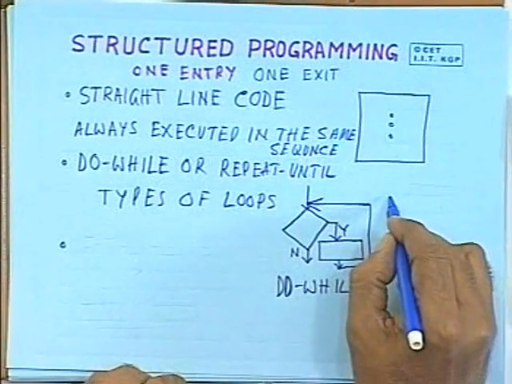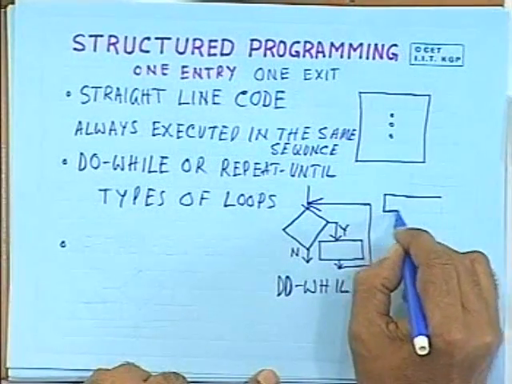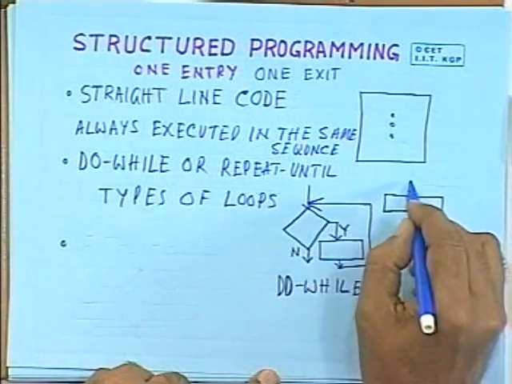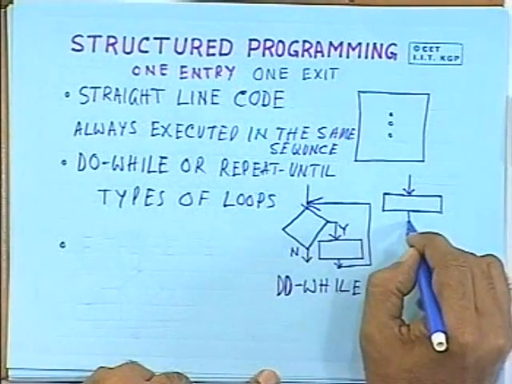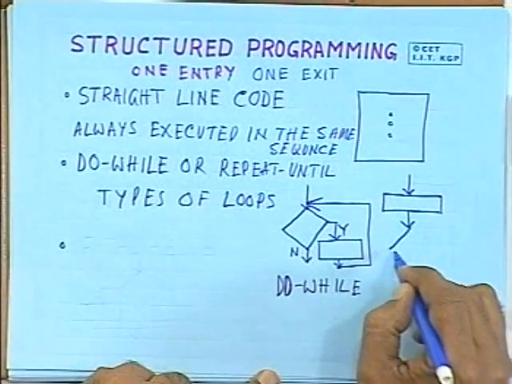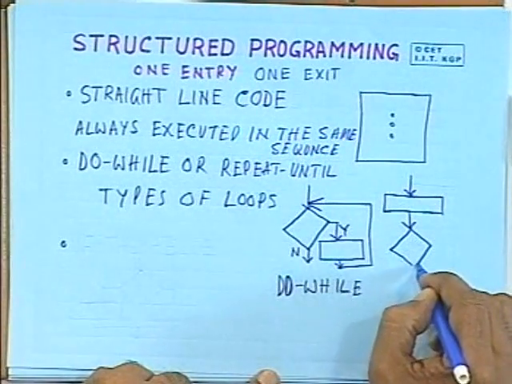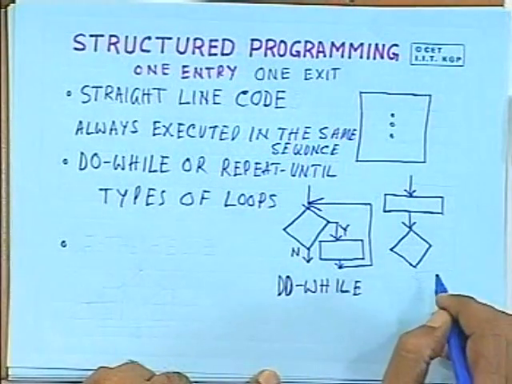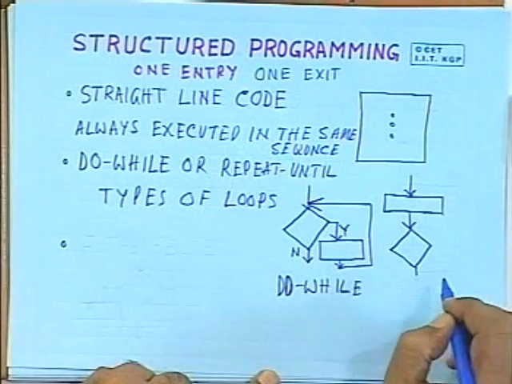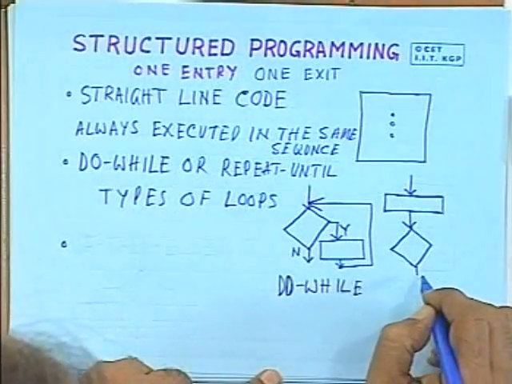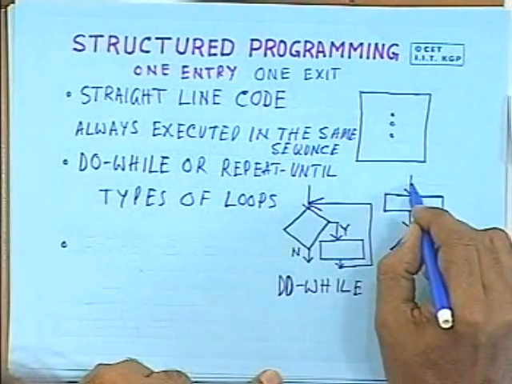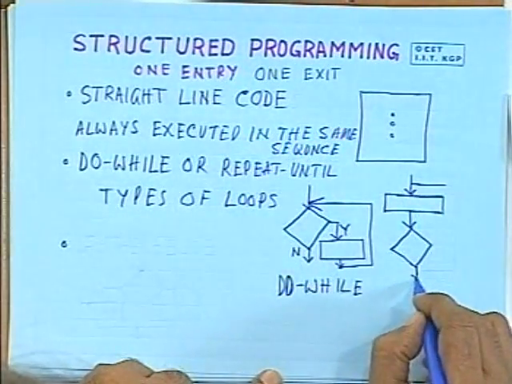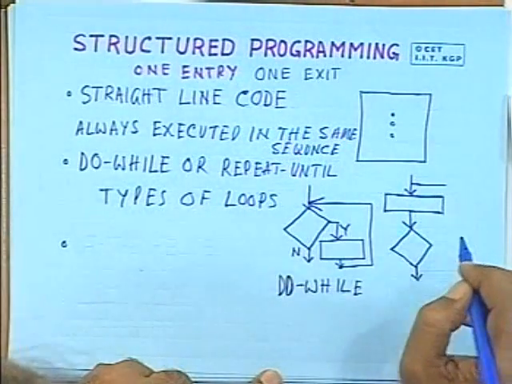Similarly, you have the repeat until type of structure like this. Here you have a subtask to be performed, which is represented by a straight line code. It is followed by a decision box, and if the outcome of the decision is no, it goes out.